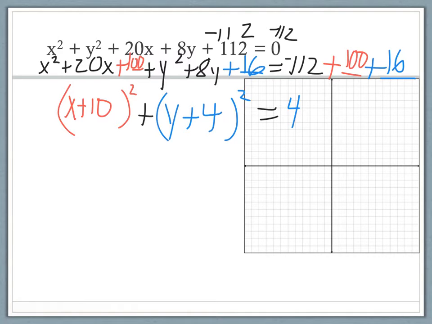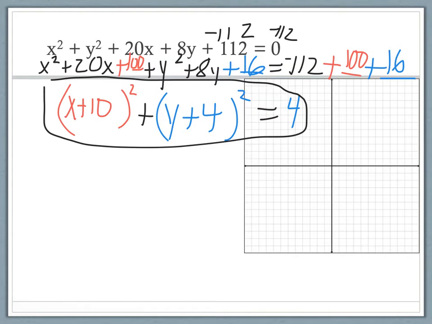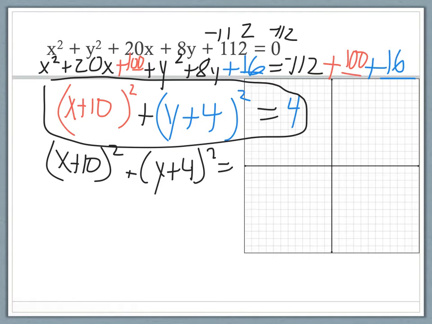Now if I look at this, I can actually graph this. I'm going to rewrite it so I have a little more space to graph. So I have x plus 10 squared plus y plus 4 squared equals 4. I'm going to erase this so that I can actually use my graph.